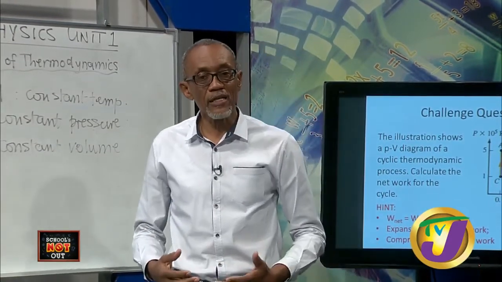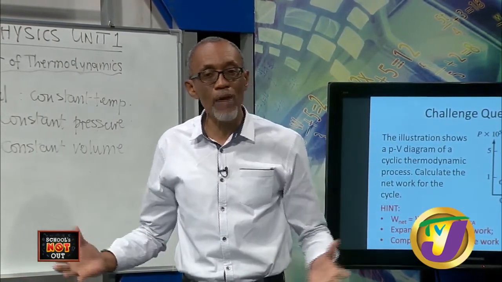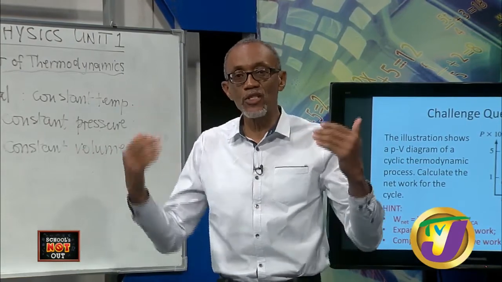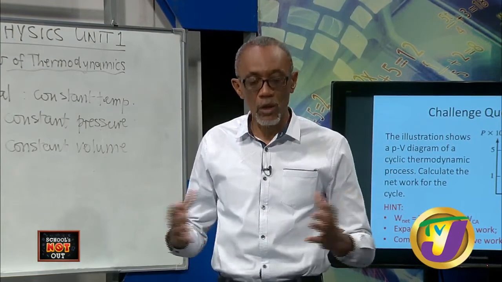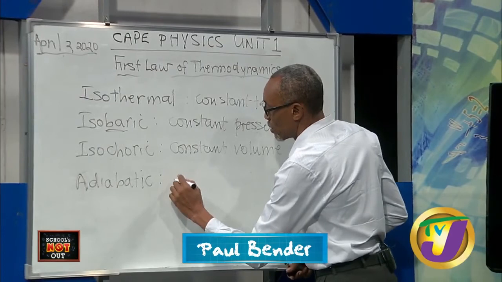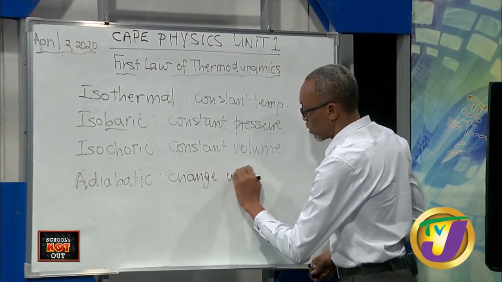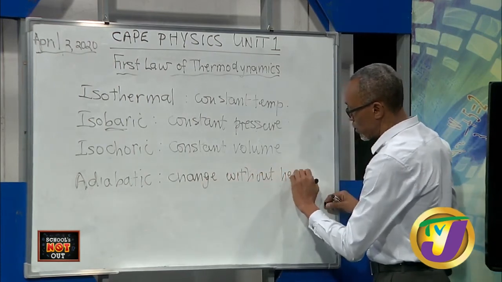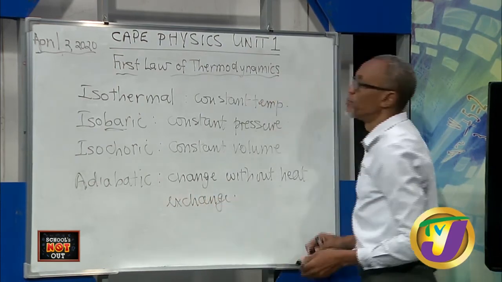The reason for that is that when the air leaves the valve, it expands so rapidly that there is very little exchange between the surrounding atmosphere and the gas that is coming out. It loses heat, and so as a result the temperature drops. So we talk about an adiabatic change, which is a change without heat exchange.